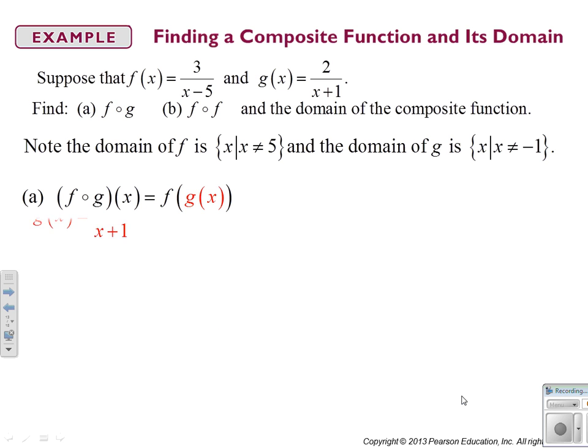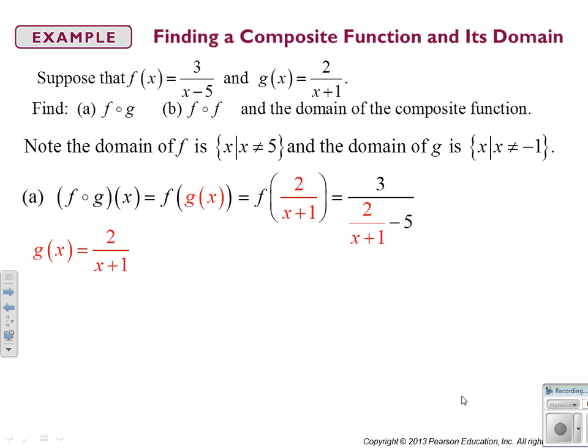So where we see the x in our f function, we replace it with 2 over x plus 1. So instead of f of x, we have f of 2 over x plus 1.